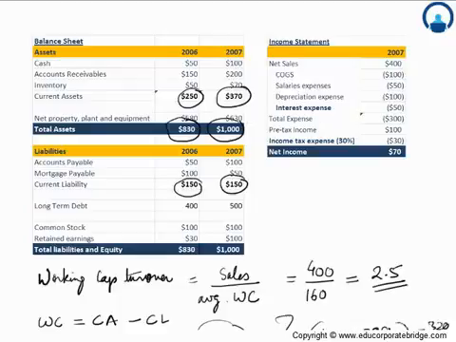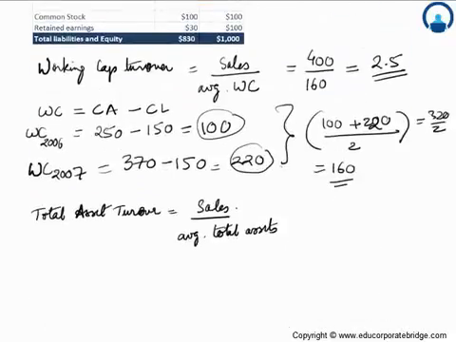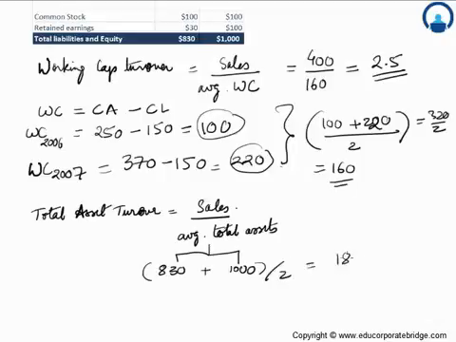So your average total assets here will be 830 and 1000 added up and divided by 2. So this comes out to be 1830 divided by 2, that is 915. What about the sales? Sales was 400. So this is 400 divided by 915 and this comes out to be 0.44.